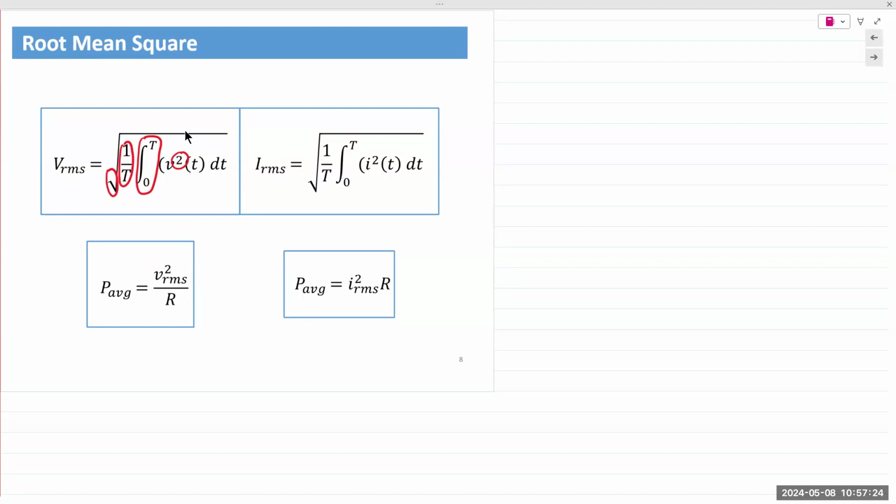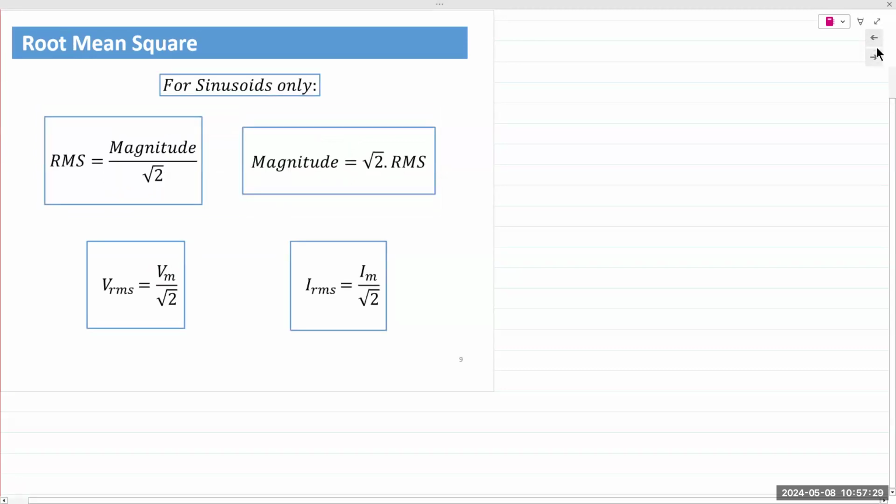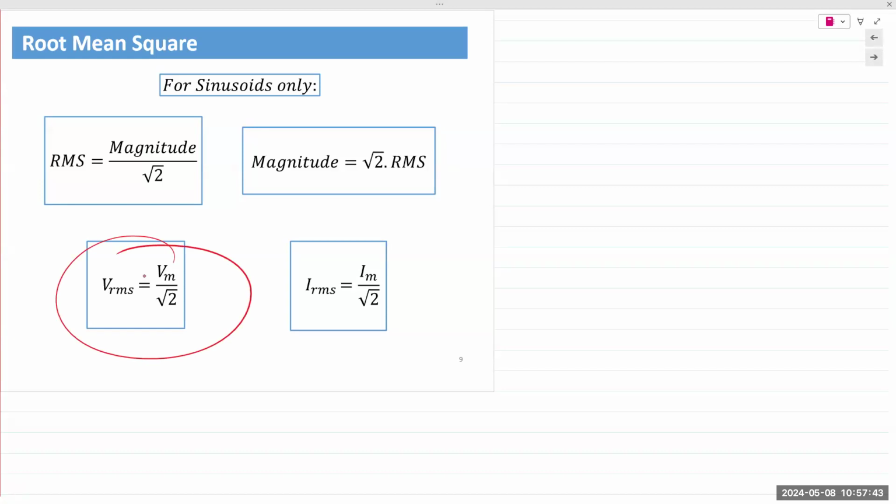There is a mathematical derivation behind this. For sinusoids and sinusoids only, if you plug in V of t or I of t as sine x or cos x, you can solve this, and the relationship you obtain is V RMS equals Vm, the peak value, divided by root 2. Or you can write Vm is root 2 times V RMS.